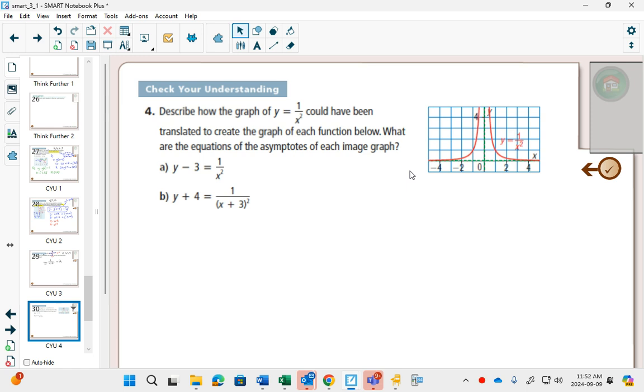Okay, so we never did the 1 over x squared graph, but they gave us a picture of it. This question has the keyword describe at the beginning.